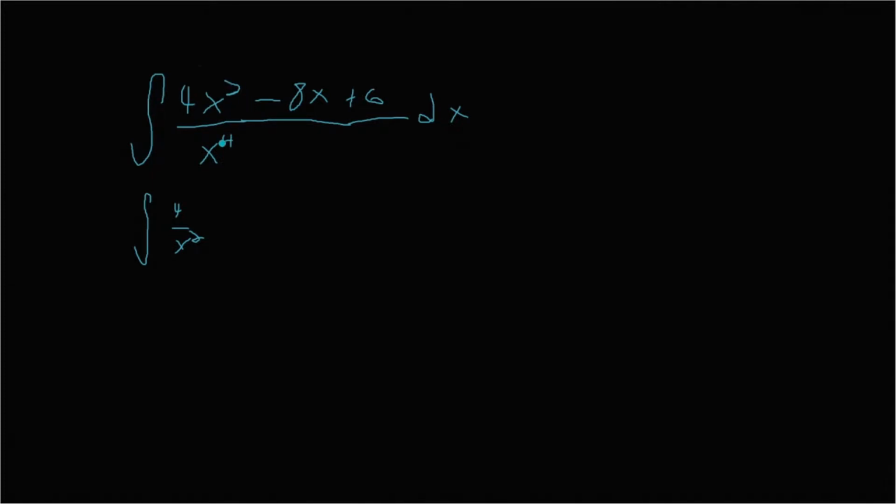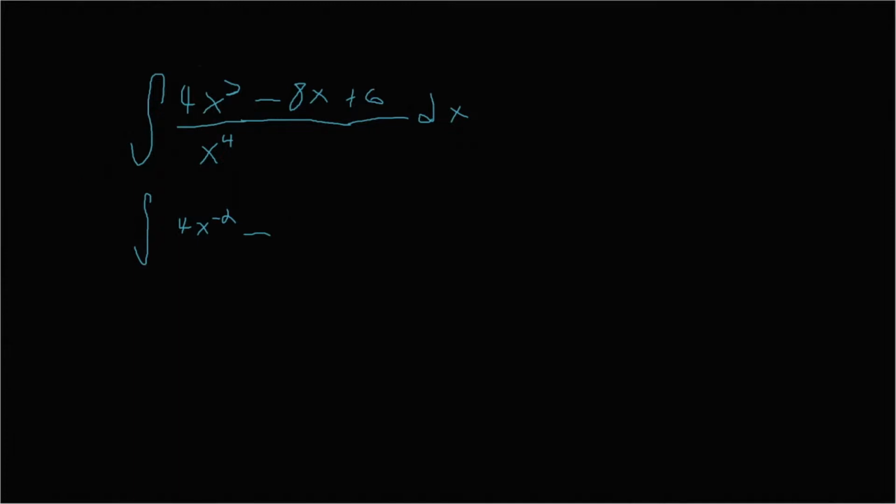And so 2 minus 4 is negative 2, so you have to have the x squared on the bottom. But to make the integration even easier, we're going to say 4x to the negative 2, so that we can just apply the power rule and not have to move the exponent back to the top.